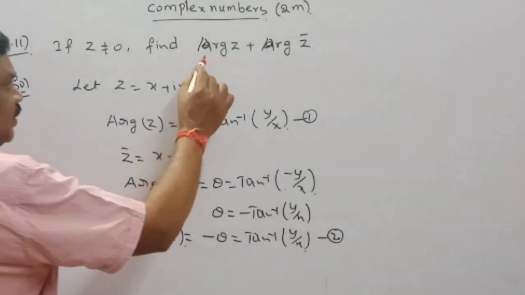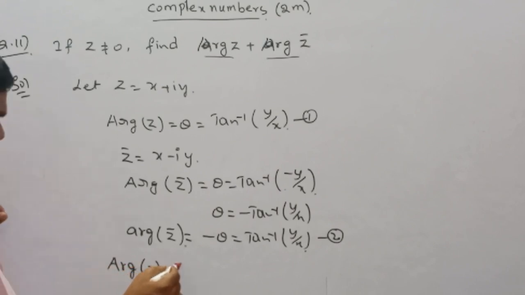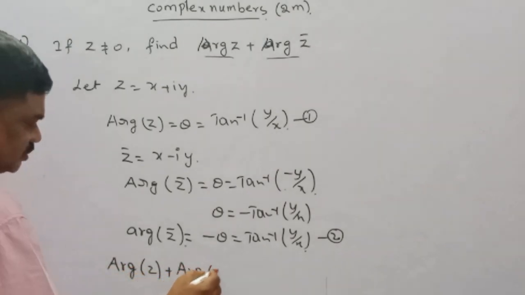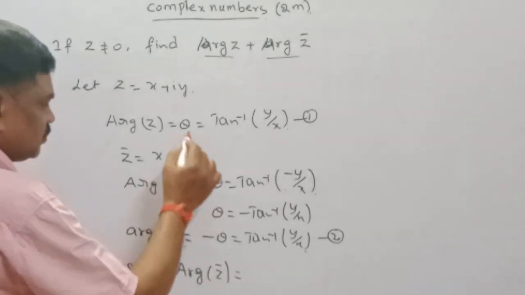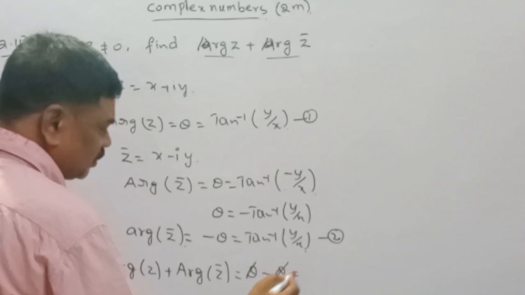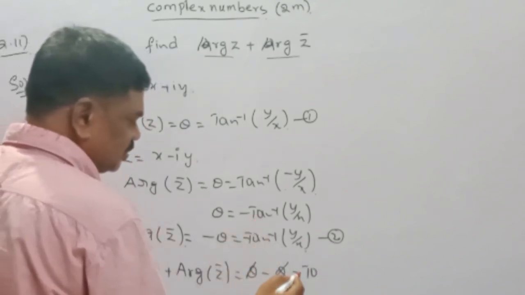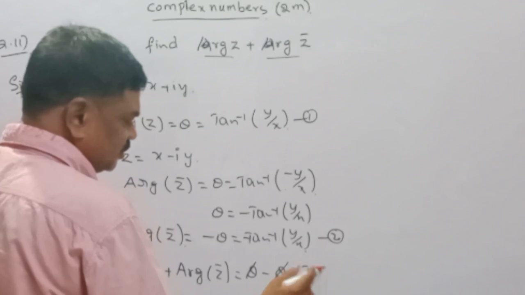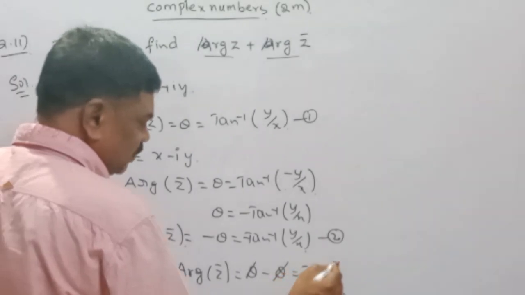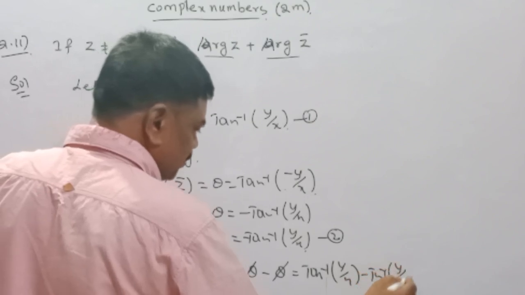What do we have to find? Arg z plus arg z bar. So arg z plus arg z bar is equal to theta minus theta, which is tan inverse of y by x minus tan inverse of y by x.